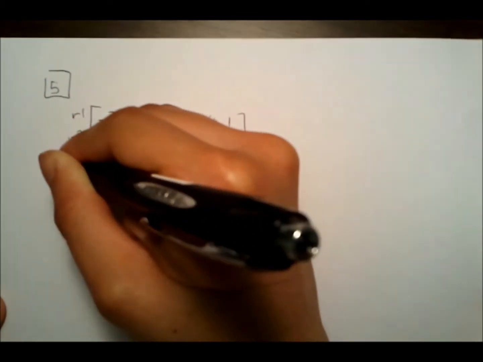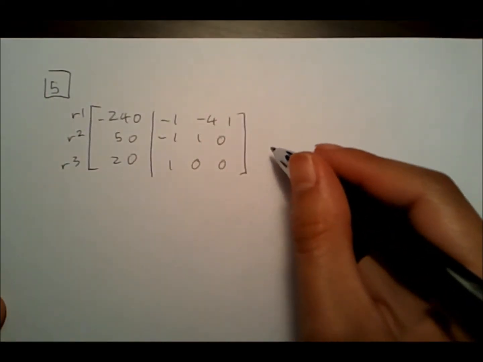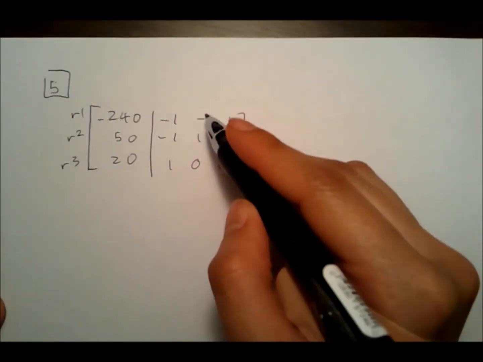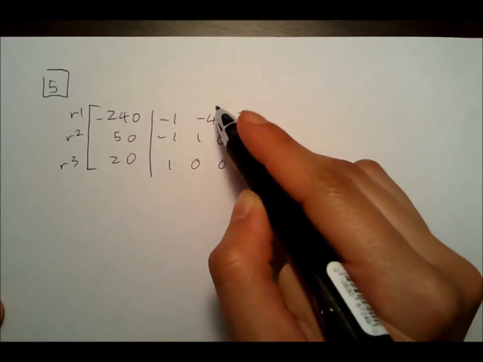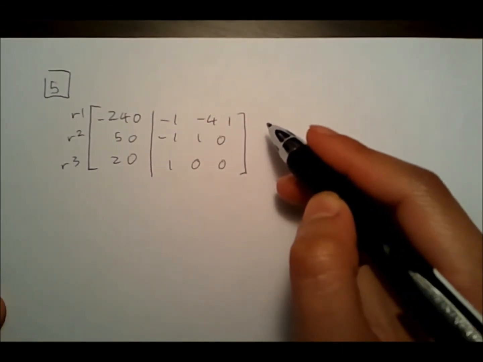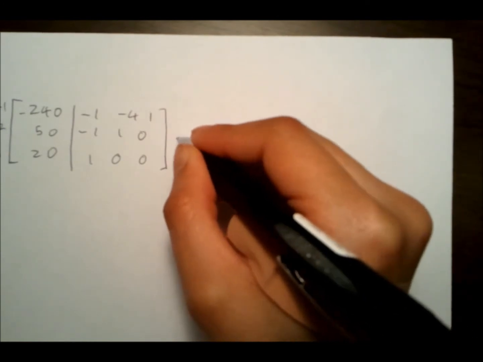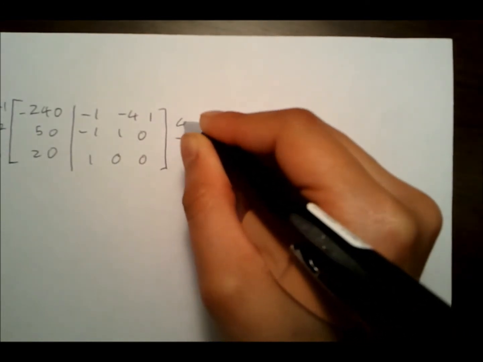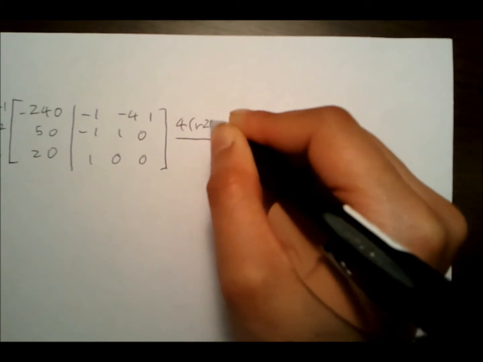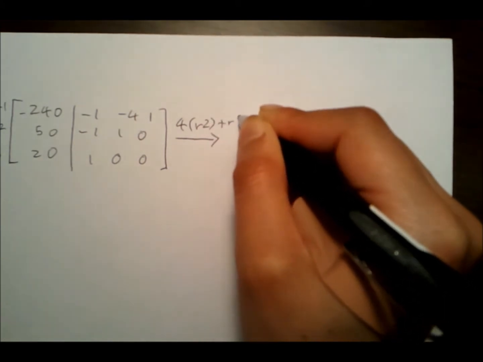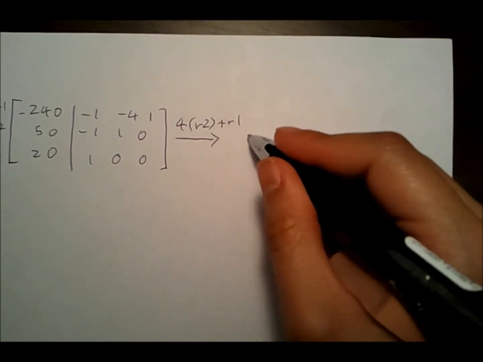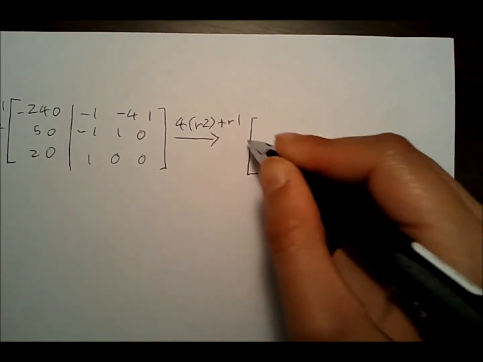And now that we have this, we're going to try to get this down to reduced row echelon form by getting rid of this negative 4 right here, and trying to get that down to 0. So we're going to do that by doing 4 times row 2 plus row 1, following our row reduction method that we've been doing so far.